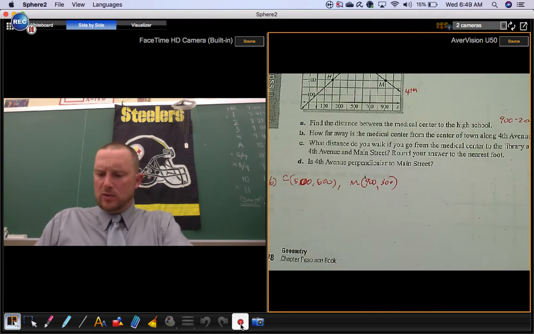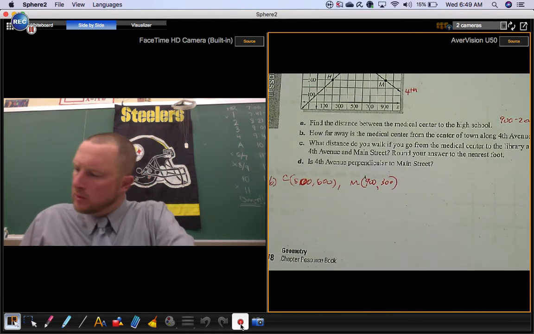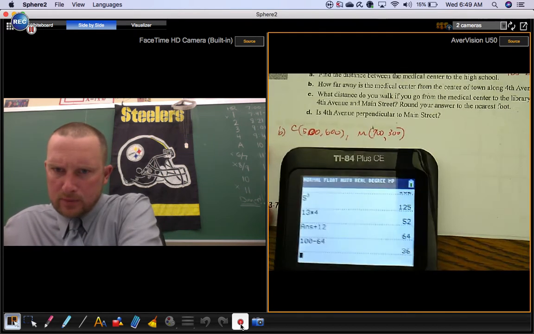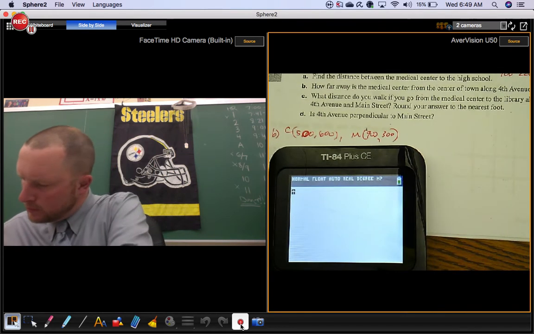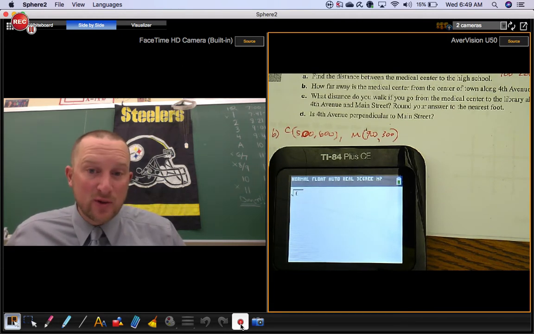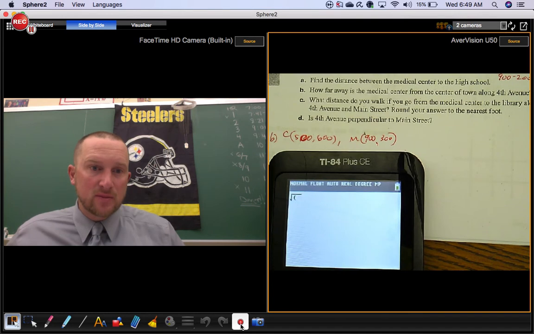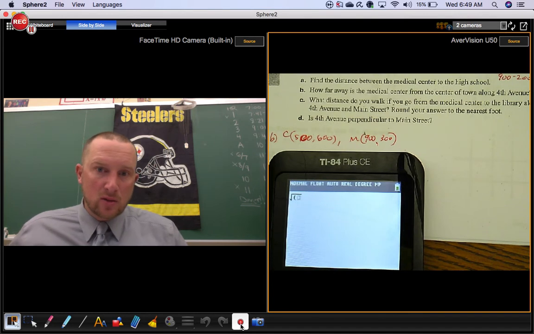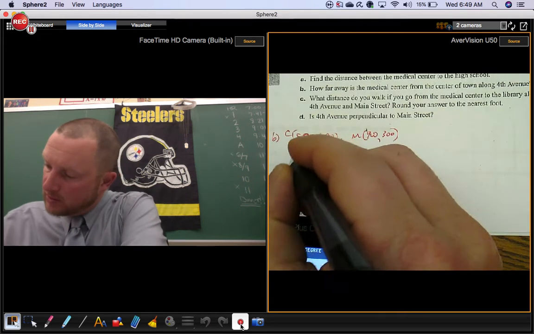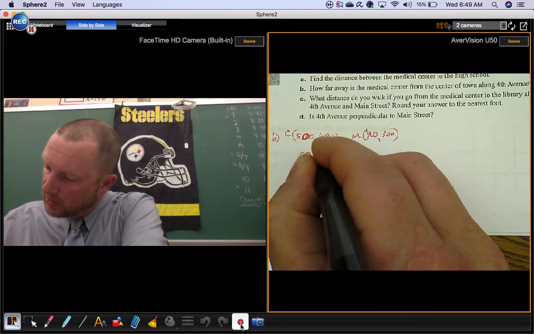Remember how that goes. You're going to take the absolute value. You're going to take the square root of some stuff. Now, your distance formula, we'll write the distance formula down first, just because it's been a little bit.